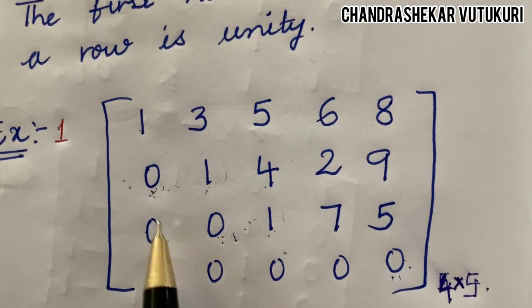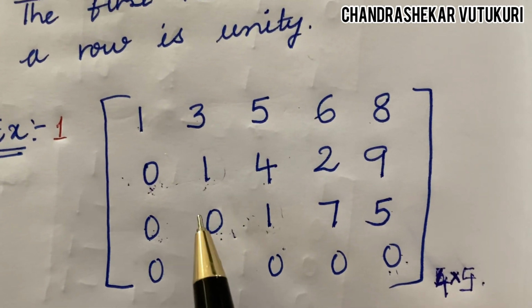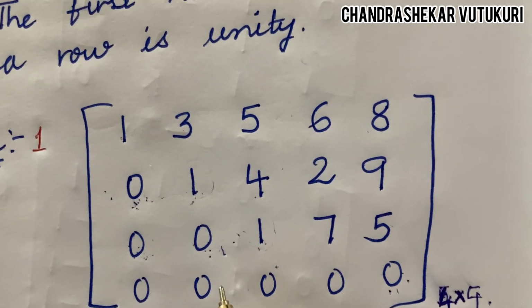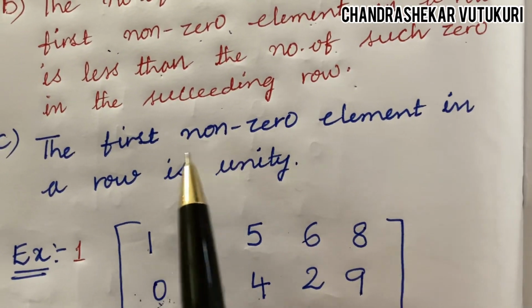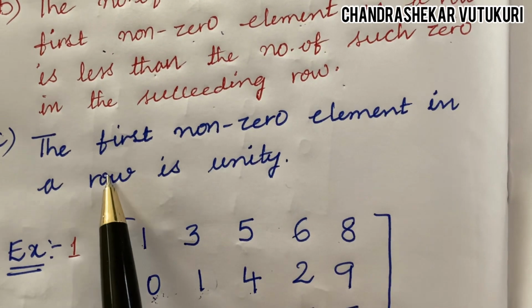The above rows should have fewer zeros than the succeeding rows, dear students. This is satisfied here.